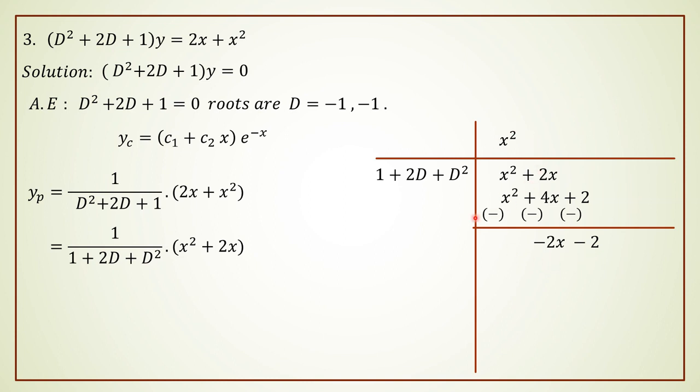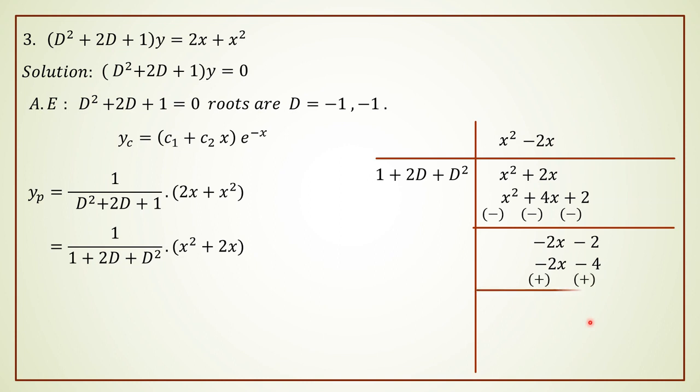So what should be the next term in the quotient so as to get the value minus 2x? The term is minus 2x. So 1 into minus 2x, that is minus 2x. 2 into differentiation of minus 2x. 2 into derivative of minus 2x is minus 2. So you have minus 4.